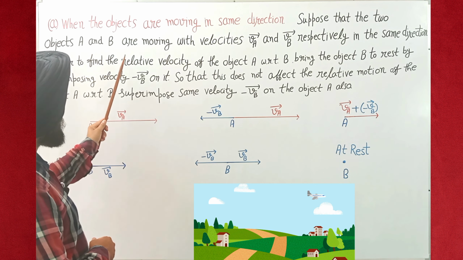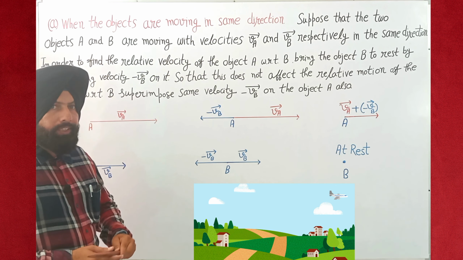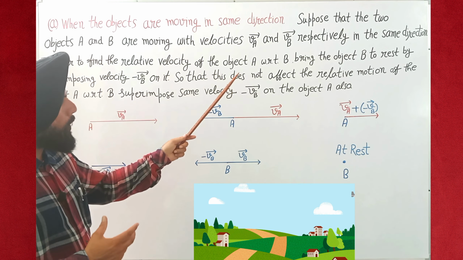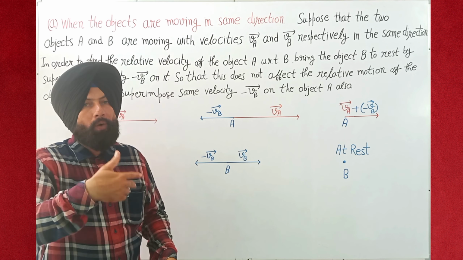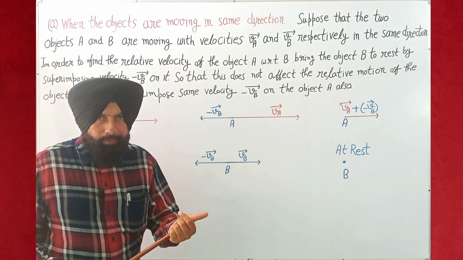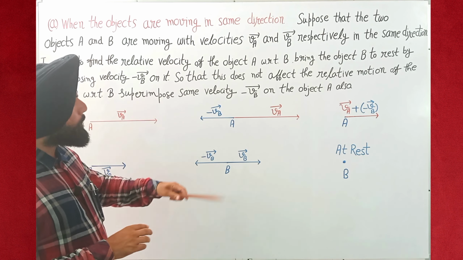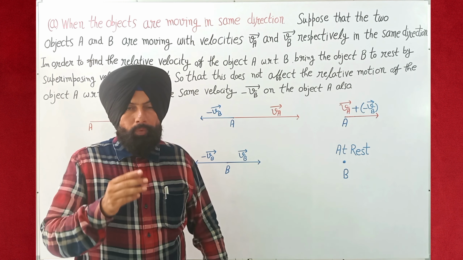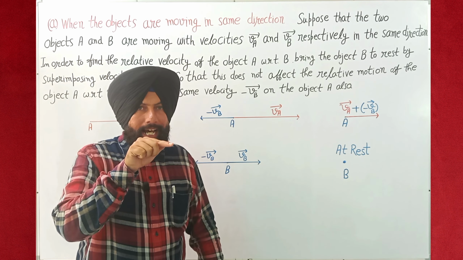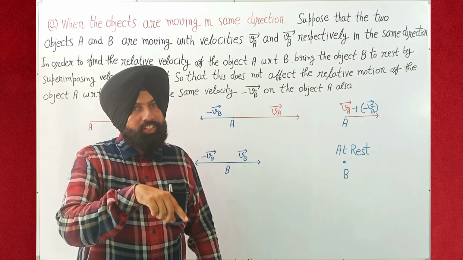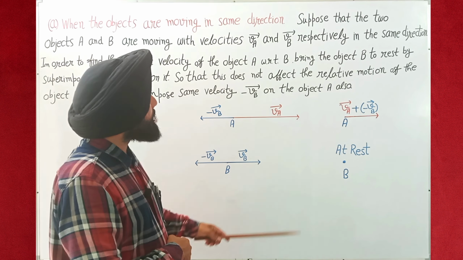In order to find the relative velocity of the object A with respect to B, we have to bring the object B to rest, according to the definition.